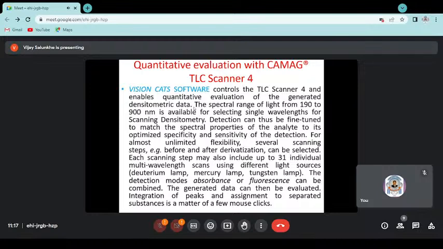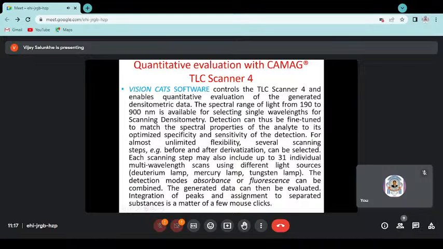But in the case of UV, what happens? There are electronic transitions. Sigma bonds, pi bonds and pi electrons are there. Therefore, n to pi star transitions, sigma to sigma star transitions, all such types of transitions can take place, and therefore you get an electrical signal that is converted into spectra after densitometric scanning. So densitometric scanning can be done only by the TLC scanner. Without the TLC scanner, it is impossible to get densitometric scanning.